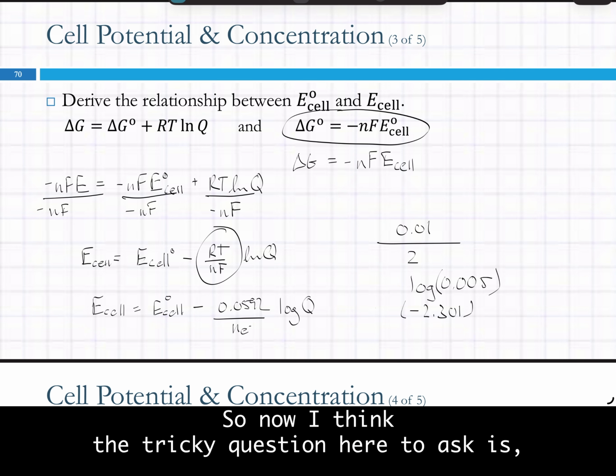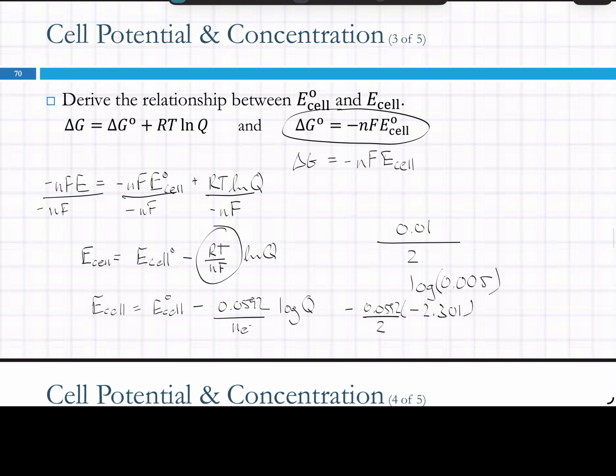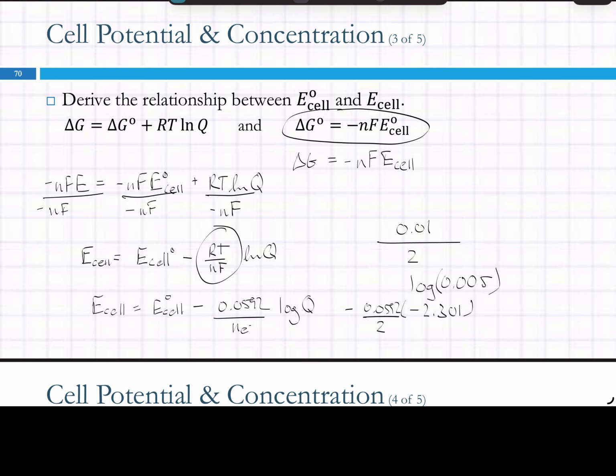So now I think the tricky question here to ask is, what does that tell us about K? We could calculate K. Because I have E cell standard conditions, we could do the log K. So we calculate it.